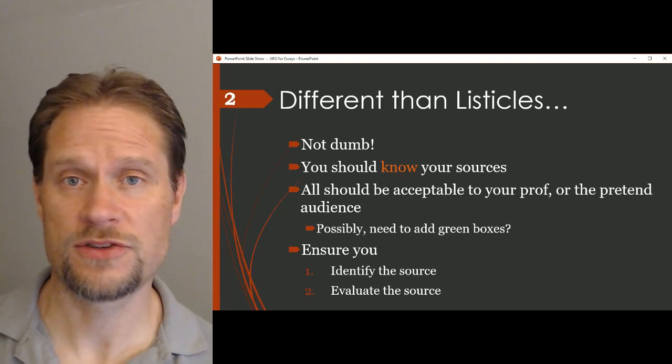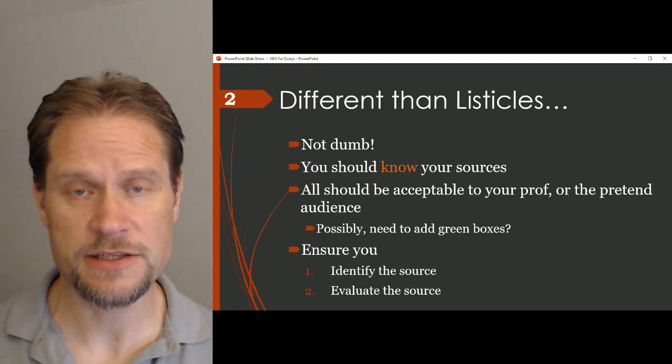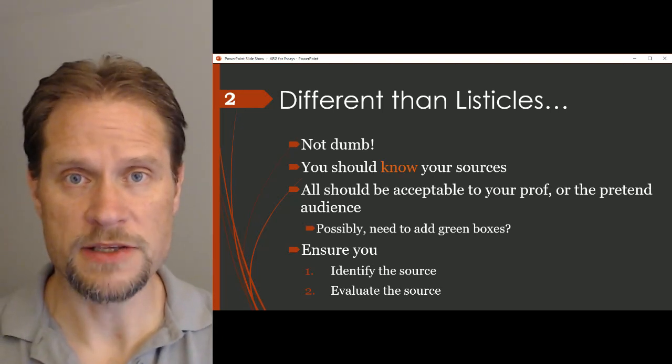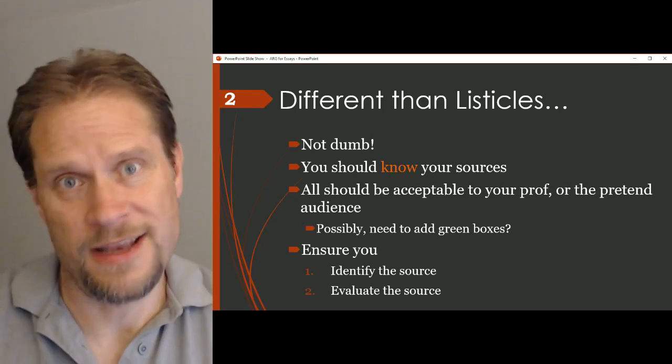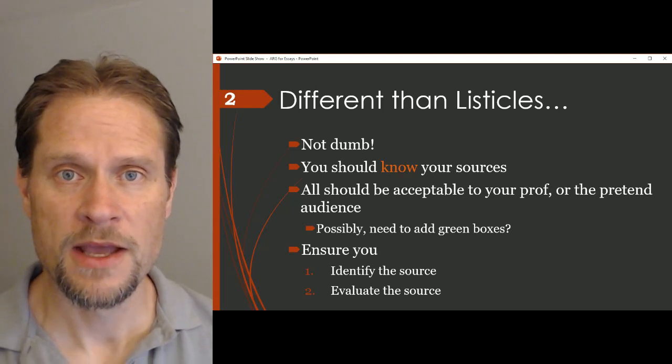We had to guess so often that you probably had more than one of the premises in your listicle use the assertion basis box, where you were basically saying that the author said this and I don't really know the author, so question mark or X or something like that.